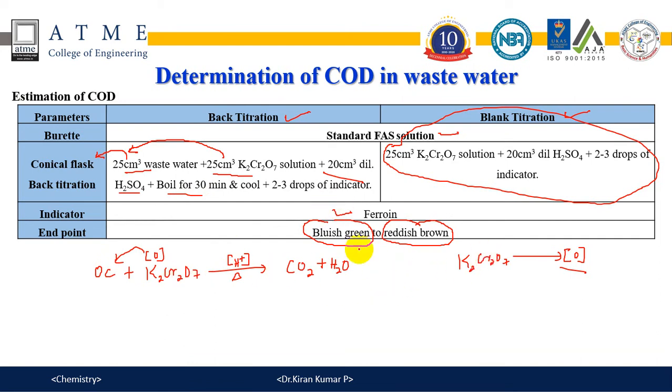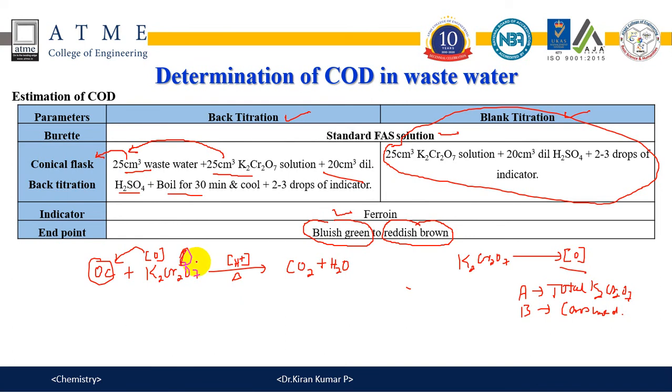So in this experiment, let us call A the total K2Cr2O7 added, that is 25 cm3. Out of A, B has been consumed, that is, reacted with organic compounds. We need to find out B, but B cannot be seen.